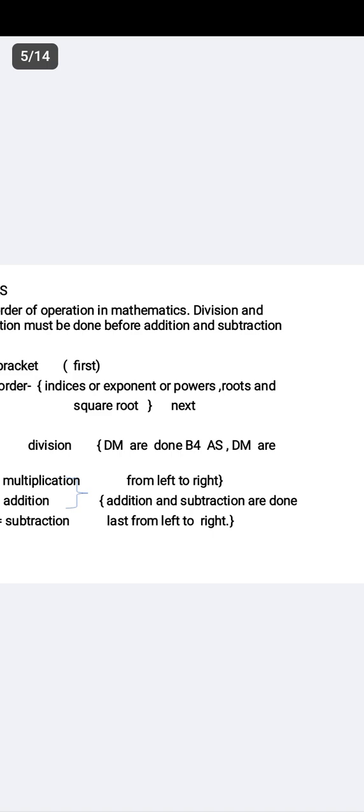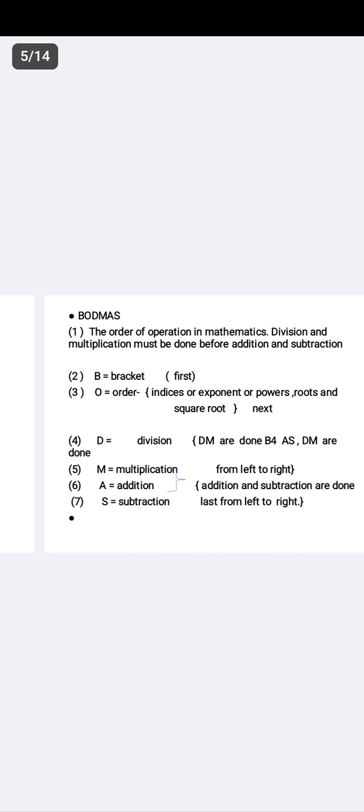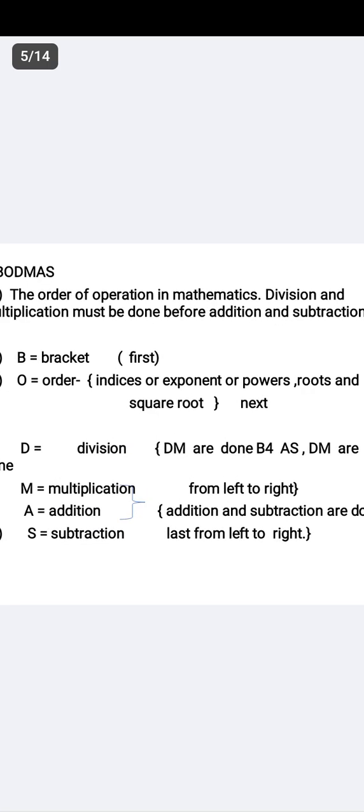Then after solving the order, the next thing you will go to is division or multiplication, as the case may be, depending on the one that comes first. Multiplication and division must be done before addition and subtraction, and they are done from left to right. The one that comes first, you do it first.